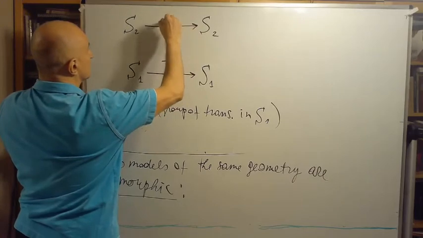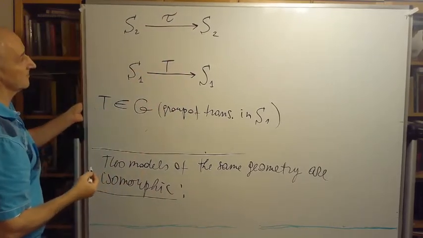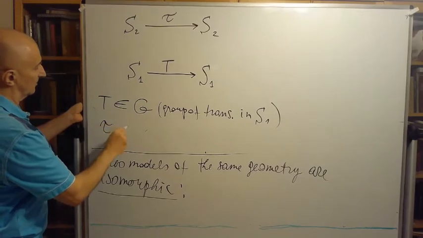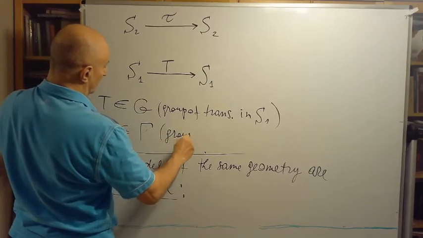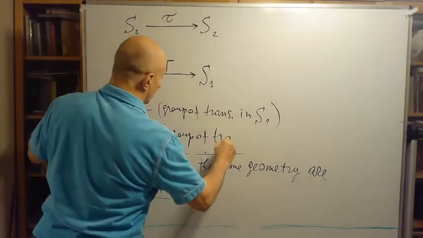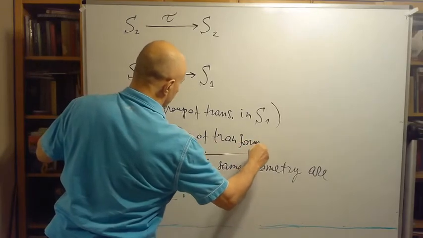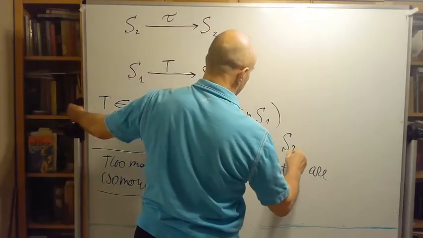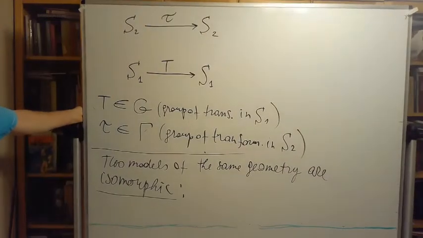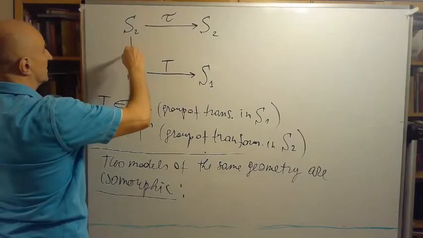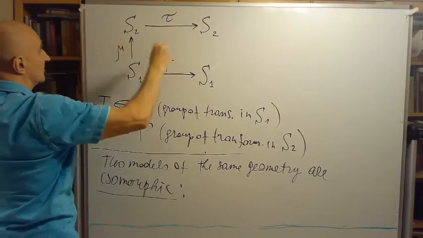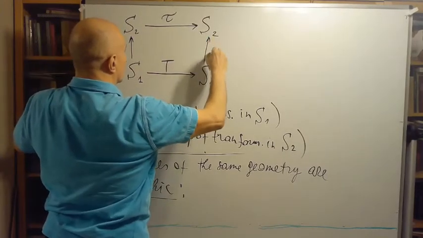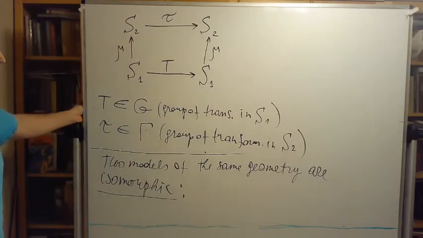And there will be transformation tau, and tau belongs to the group gamma of transformations in space S2, and each of these transformations can be connected with each transformation in S1 by means of some invertible transformation mu.